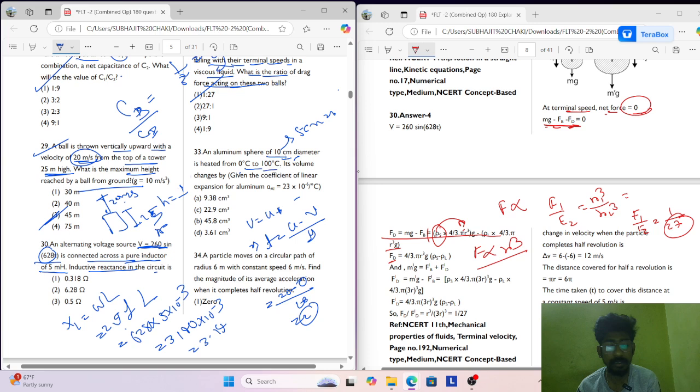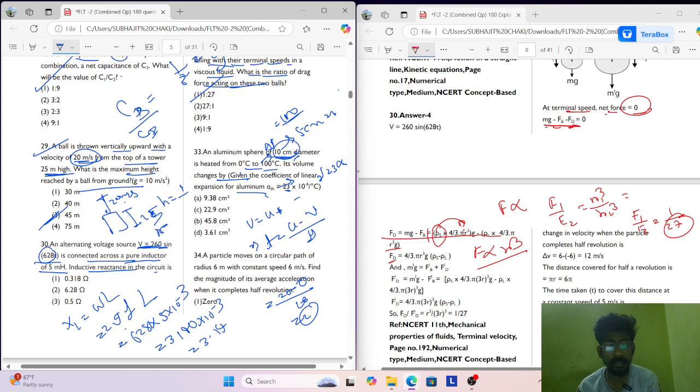Its volume changes. Coefficient of linear expansion alpha is given. That means gamma will be equal to 3 alpha, that means 3 into 23 means 69 into 10 to the power minus 6. Del T is given also, 100. R is given.